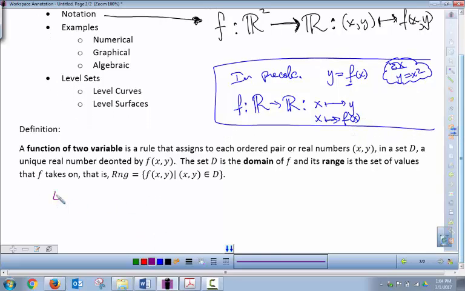So for a more recent example of a function of two variables, we can say that maybe our function f of x, y would be x squared plus y squared, for example.